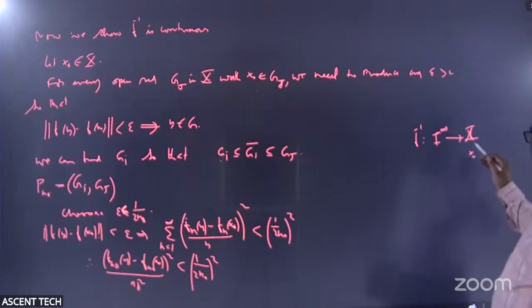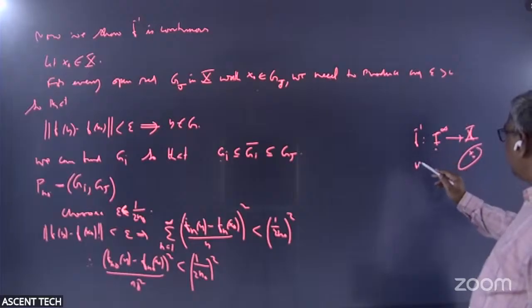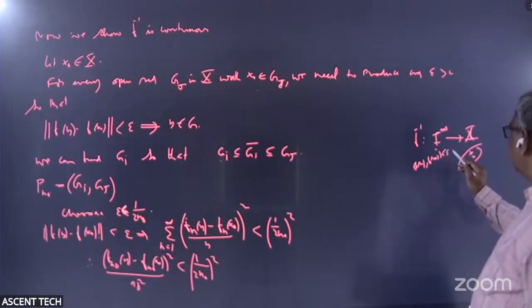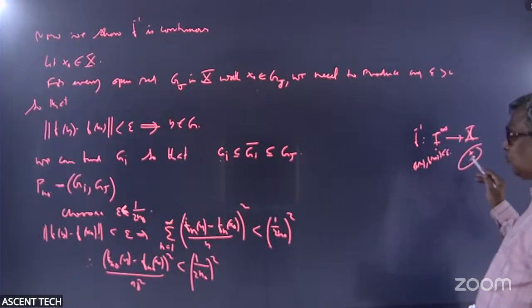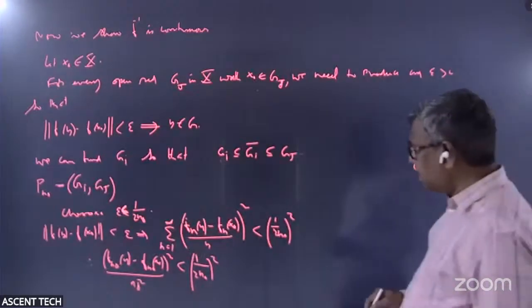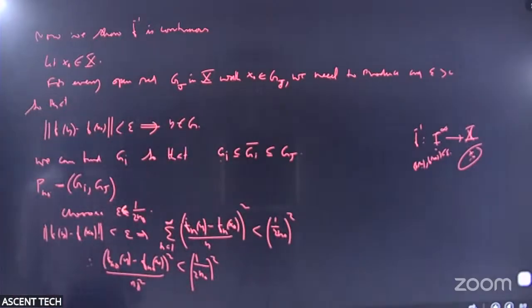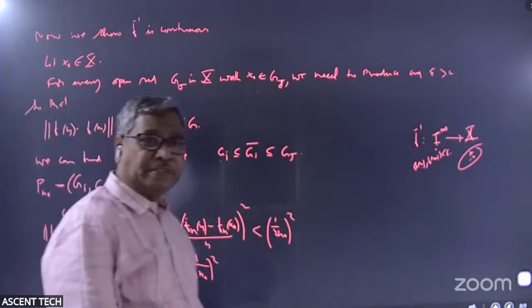Then for every open set around x naught, I should be able to find an epsilon greater than 0, such that whenever f(y) and f(x0) are within that small epsilon distance, then y is in that open set. And that's what I managed here. So this yields that f inverse is also continuous.